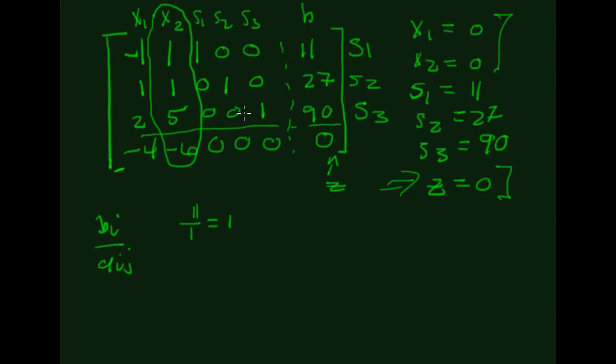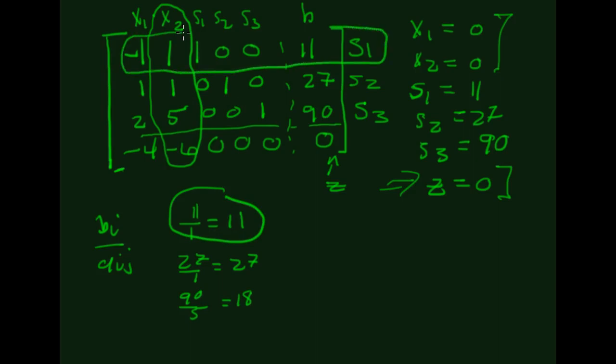The s2 row has 27 over 1, so that's just 27. And the last one here is 90 over 5, which is 18. So the one that has the smallest non-negative value is that 11 there. So this is my exiting variable.